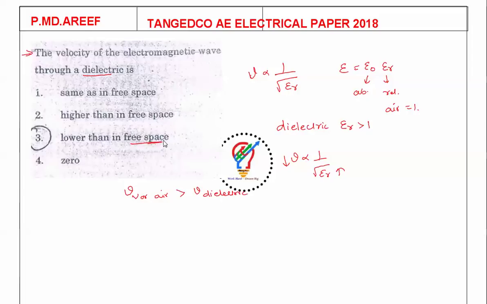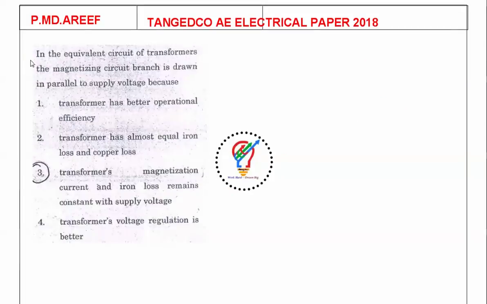So next question, from transformers. In the equivalent circuit of a transformer, the magnetic circuit branch is drawn in parallel to the supply voltage. Generally, by conducting the open circuit test, we can find the shunt branch parameters.